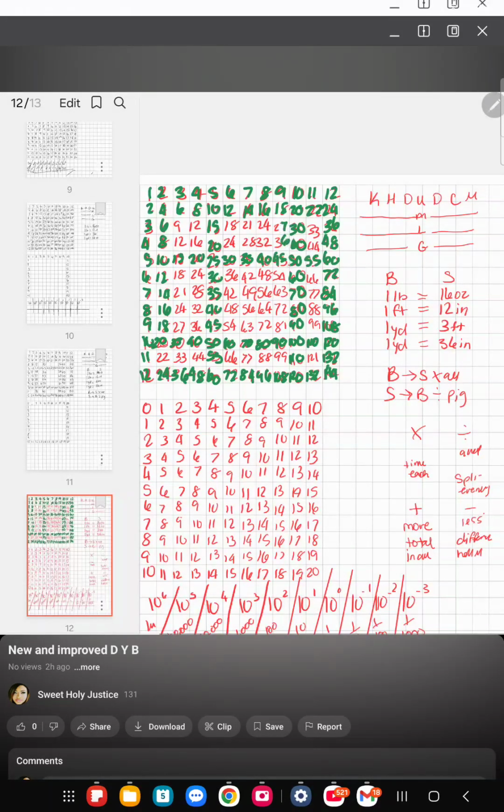Next I do the 9s, and really you're just counting by ones backwards. The only thing is, it doubles towards the end with the 10 and the 11, but other than that, it's just counting by ones.